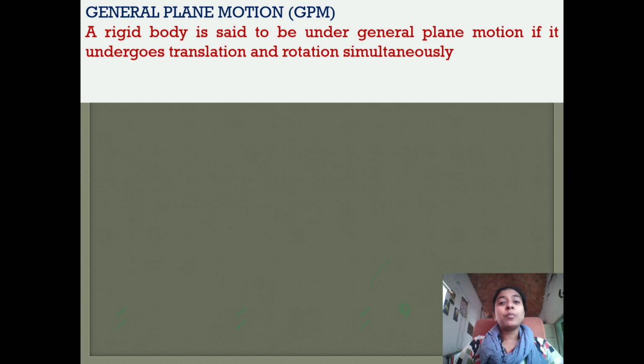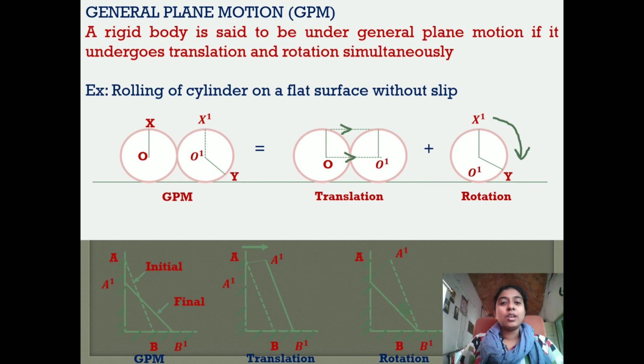A rigid body is said to be under general plane motion if it undergoes translation and rotation simultaneously, or translation and curvilinear or rotational motion simultaneously. So we will see two examples for general plane motion today.